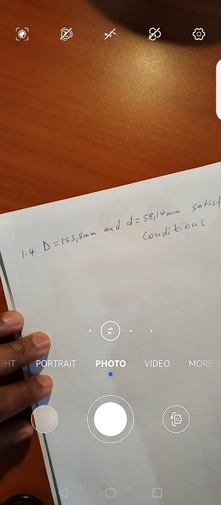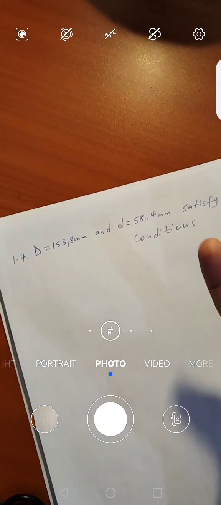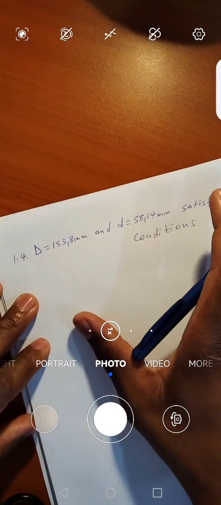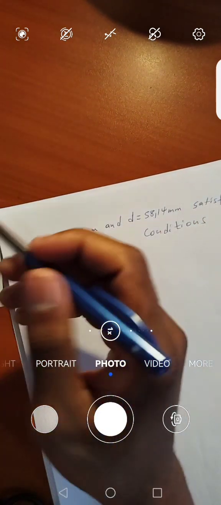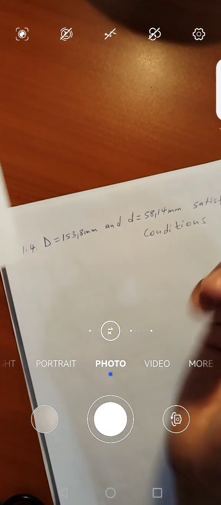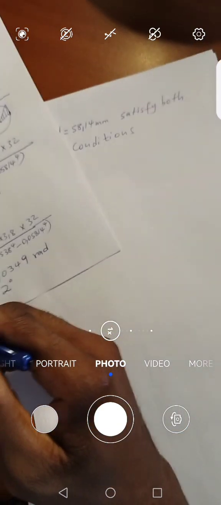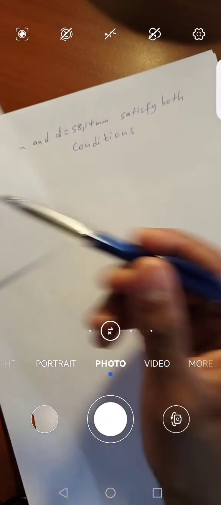One of the reasons that we choose this shaft is that this shaft is going to give us the lesser stress. So this stress compared to that stress limit, 60 is less.